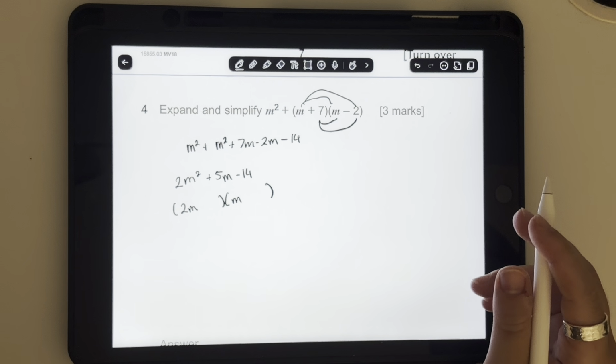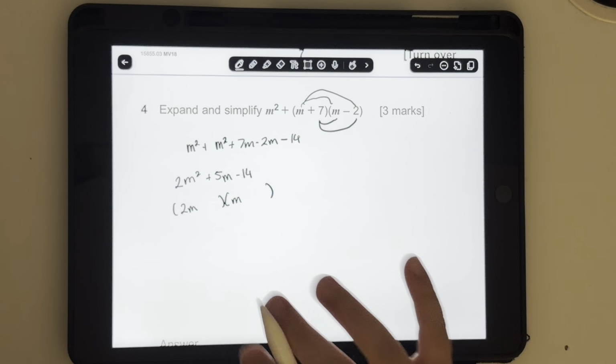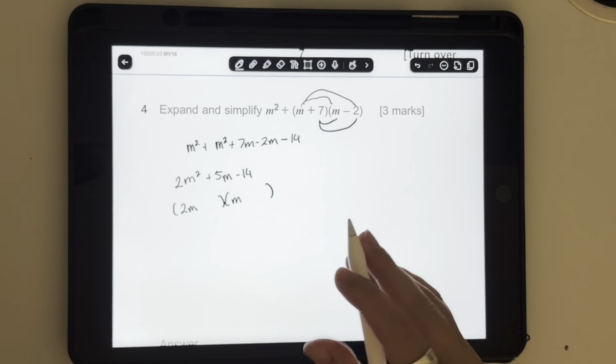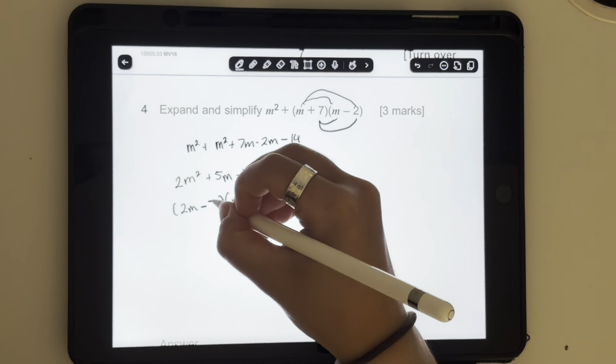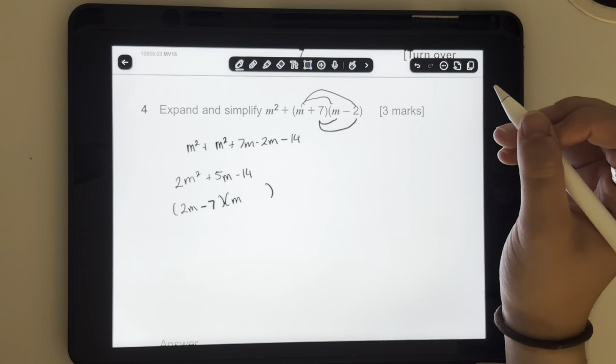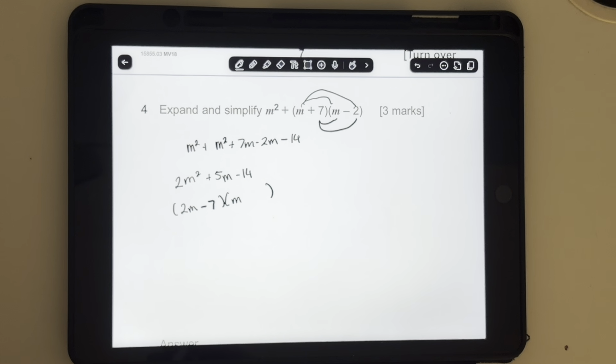Yeah, so I'm kind of going quite quick, which I don't want to do too much. I did a 7 there, and that'd be 7m. Then we don't want it to be 4.